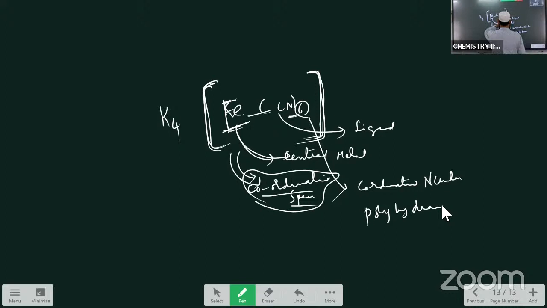Now next, polyhedron, the arrangement of these ligands around this iron is called coordination polyhedron.